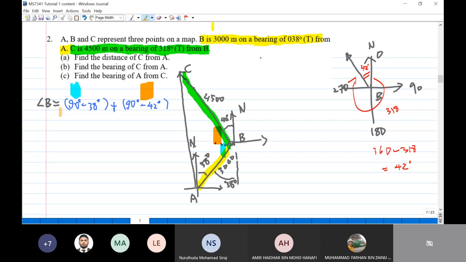So when we add together, 90 minus 38 is 52, plus 90 minus 42, you get 100.